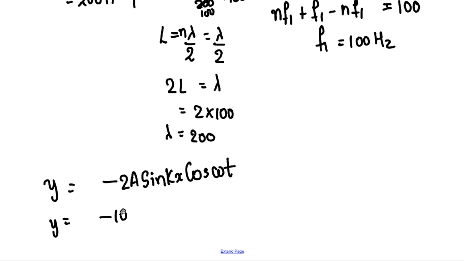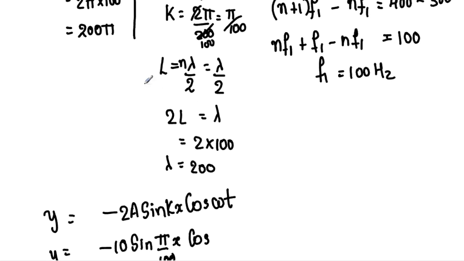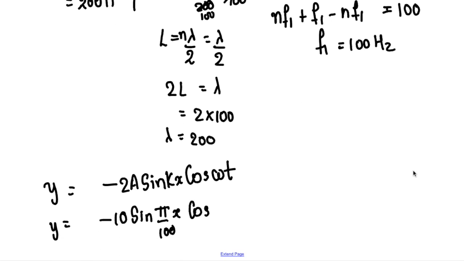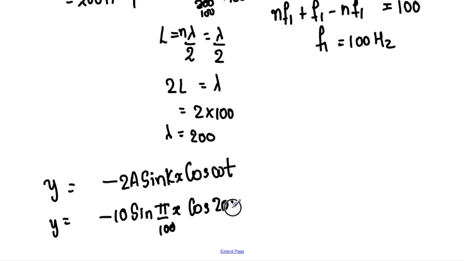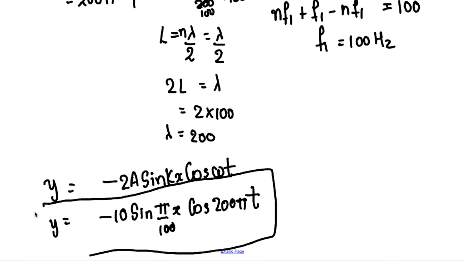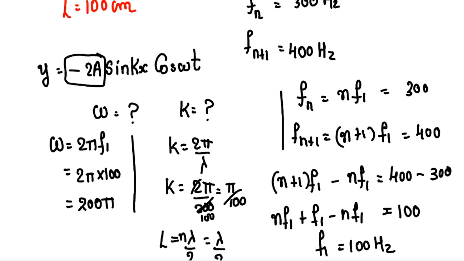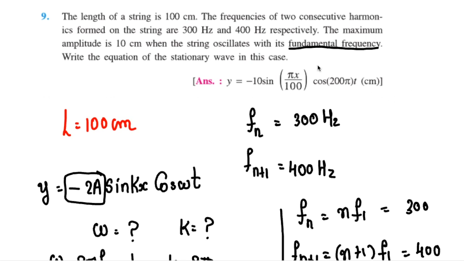Now the maximum amplitude is given as 10, sine of pi by 100, that is the value of k, into x, cosine, we have the value of omega as 200 pi, that is 200 pi t. This is my equation for the resultant wave when it is oscillating at fundamental frequency.